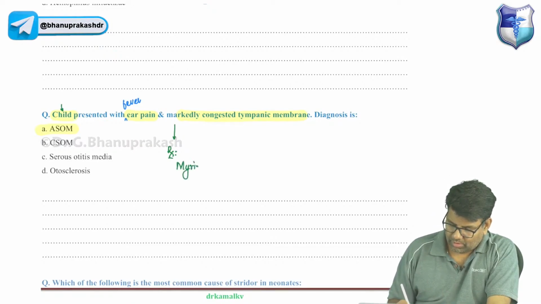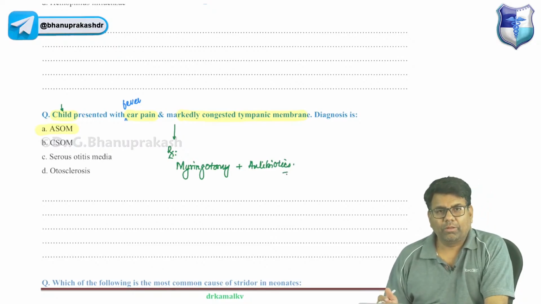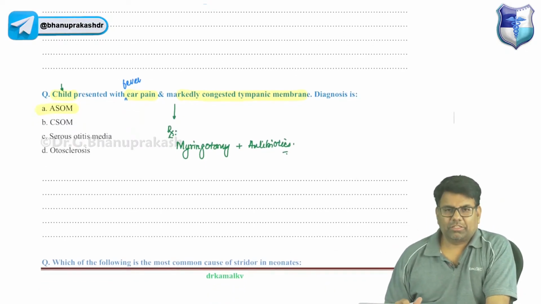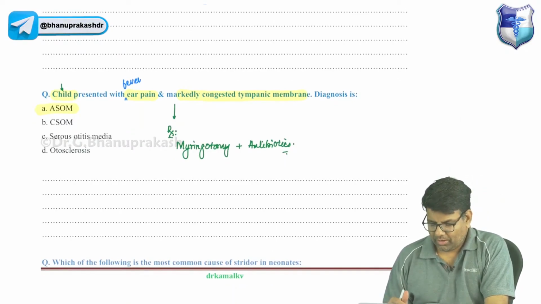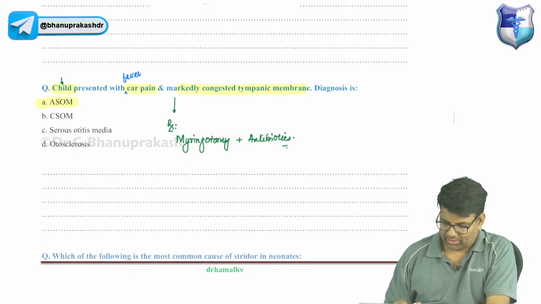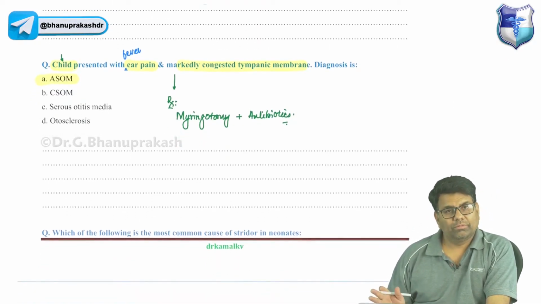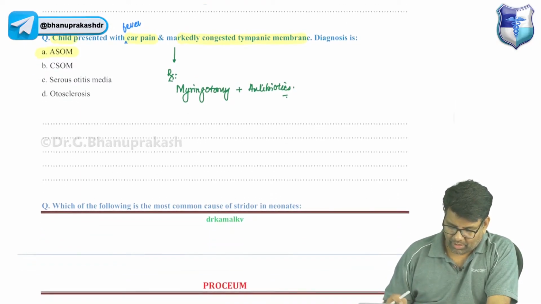You need to do a myringotomy. Give an incision and drain the pus, of course, with antibiotics. Myringo is tympanic membrane, tomy means giving an incision. So give an incision, let the pus come out, under cover of antibiotics. If you don't do it, it will rupture, it will perforate automatically. So this is ASOM.